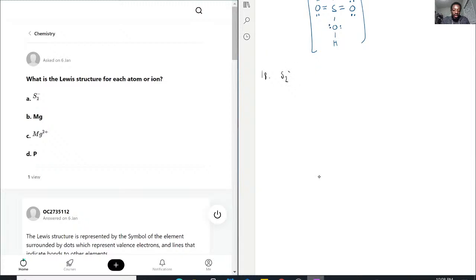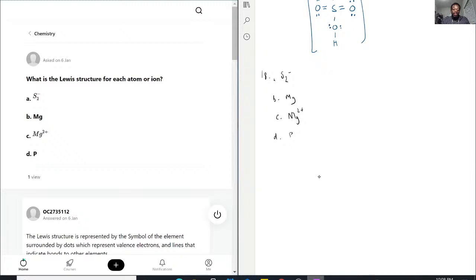S2 minus. We have B, just a magnesium. We have C, now a simplified magnesium, Mg2 plus. And then we have D. We have phosphorus. Okay.